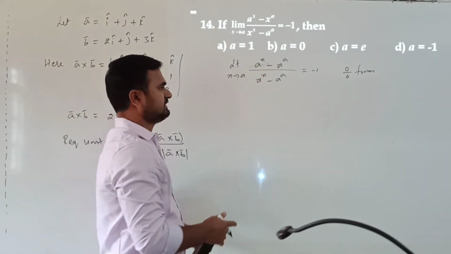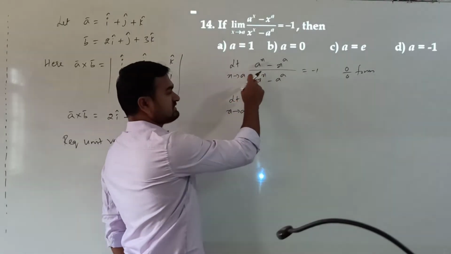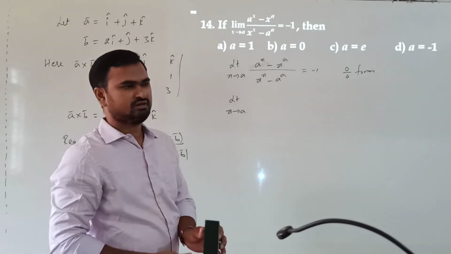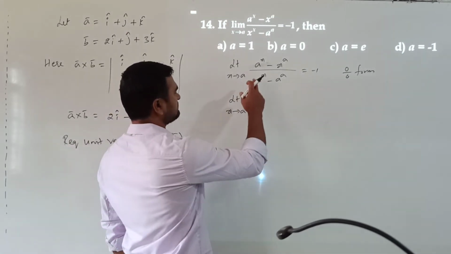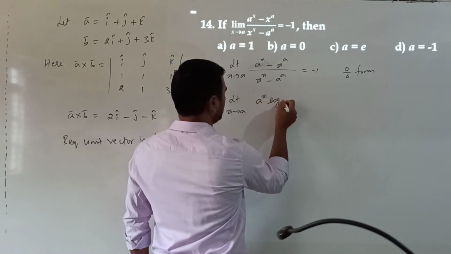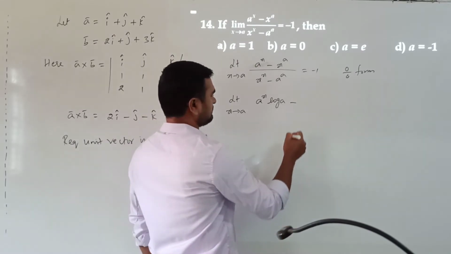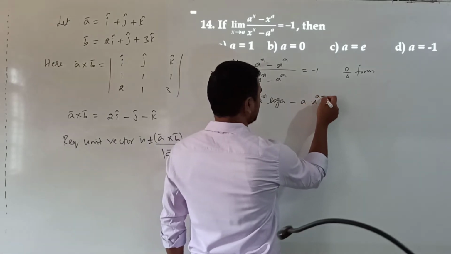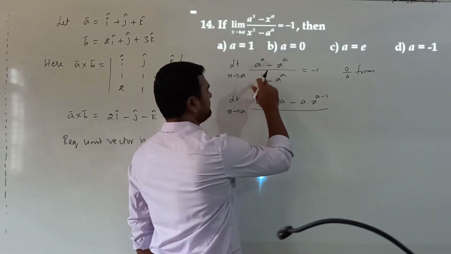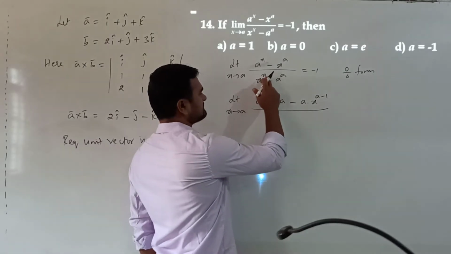So applying L'Hospital rule, derivative of numerator divided by derivative of denominator. So this is the derivative of a power x, which is a power x into log a, minus the derivative of x power a, which is a into x power a minus 1, divided by the derivative of x power x, a variable power.